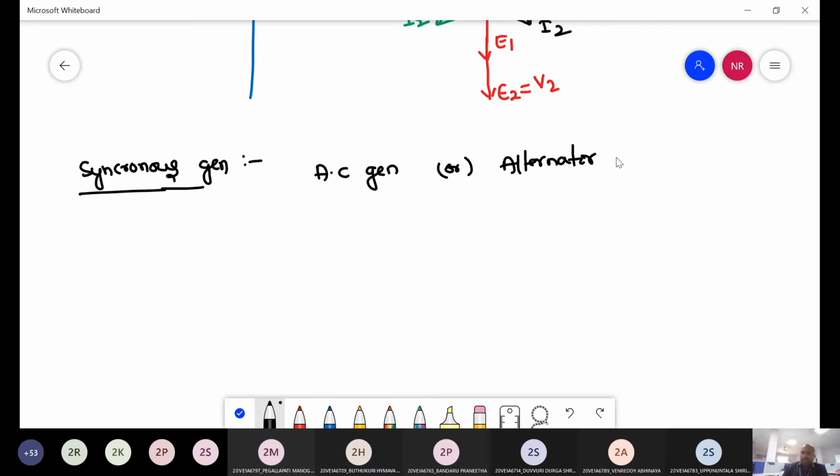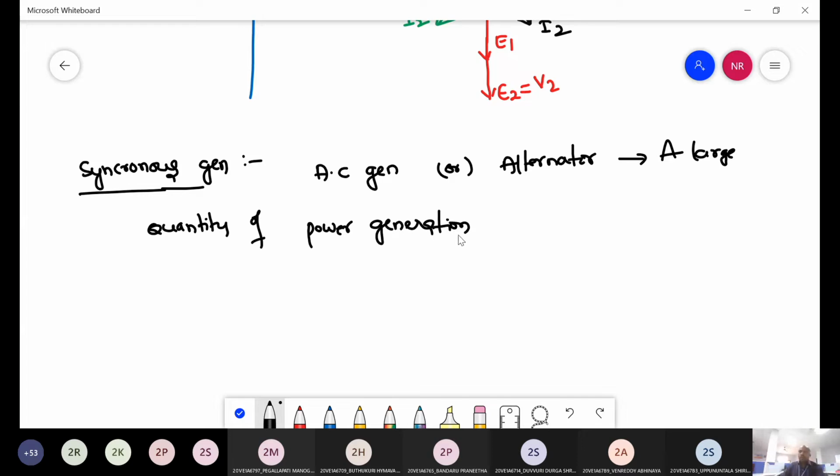This alternator, or synchronous generator, or AC generator, we are using for large quantity of the power generation.